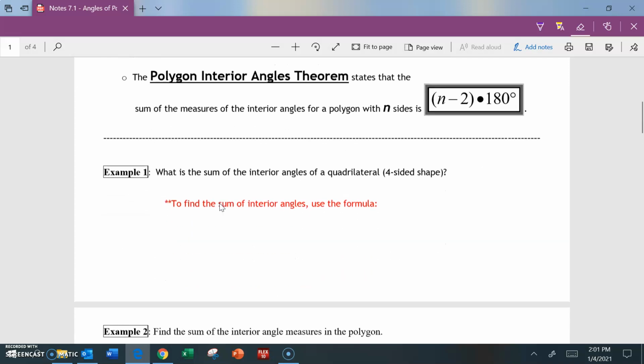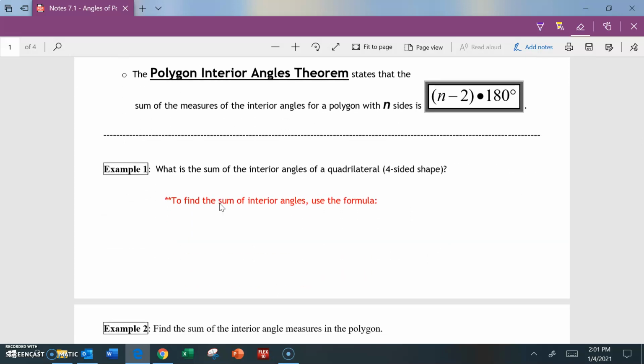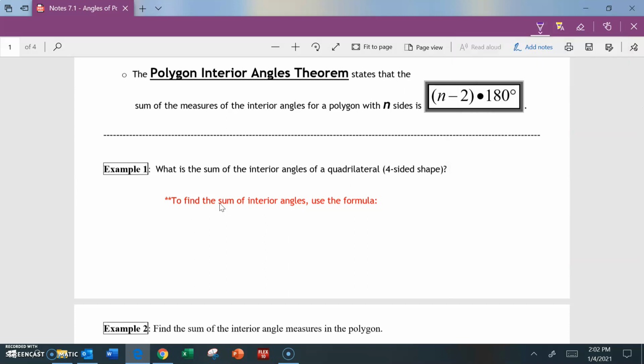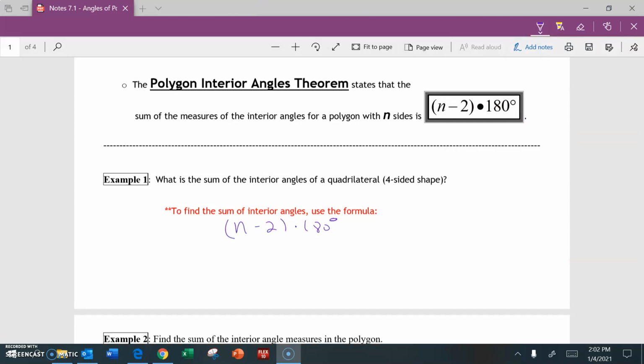So in example one, it says, what is the sum of the interior angles of a quadrilateral? And yes, you need to know that there are four sides of a quadrilateral. So what we can do is just use our formula. If we start with the formula, we would substitute in 4 for the number of sides.